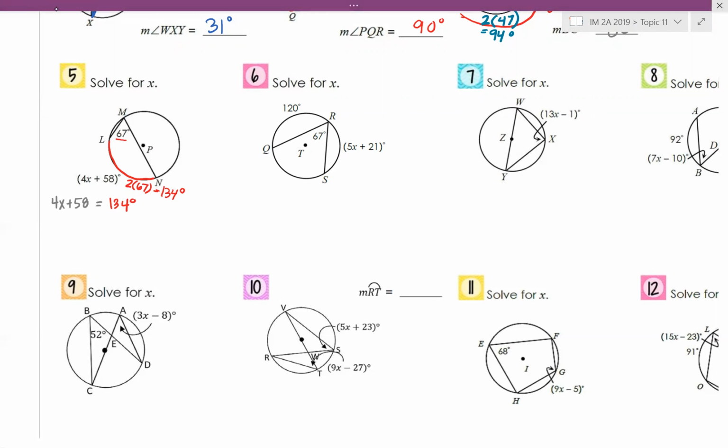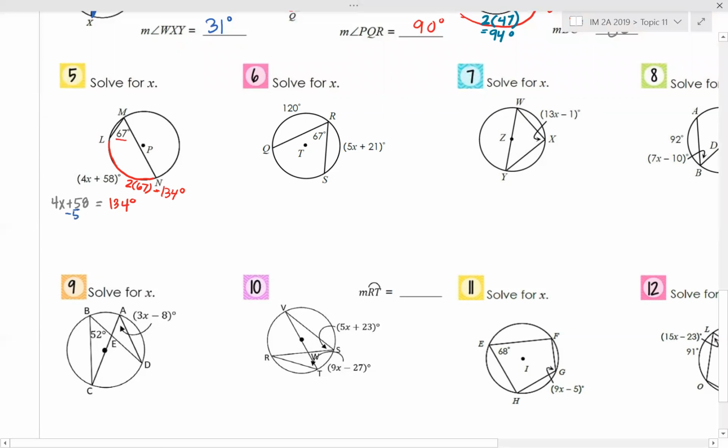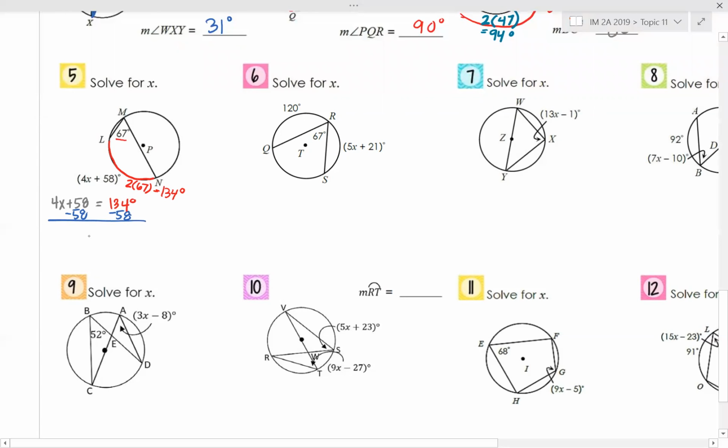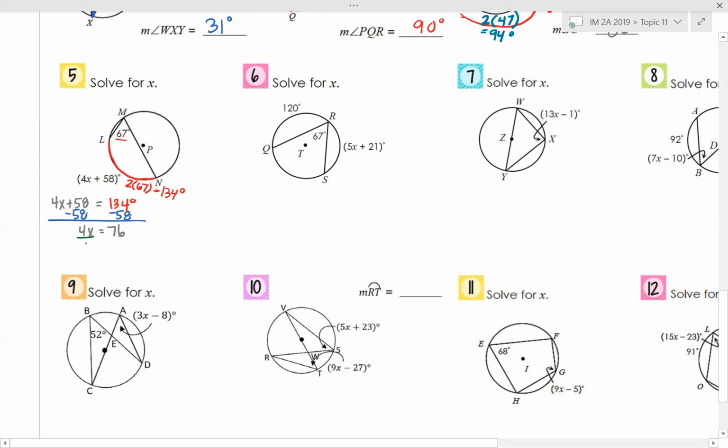So we want to subtract 58 from both sides. So that gives us that 4x is going to be equal to 76. And then dividing both sides by 4 tells us that x is 19. And it was just asking us to solve for x, so that is our solution.